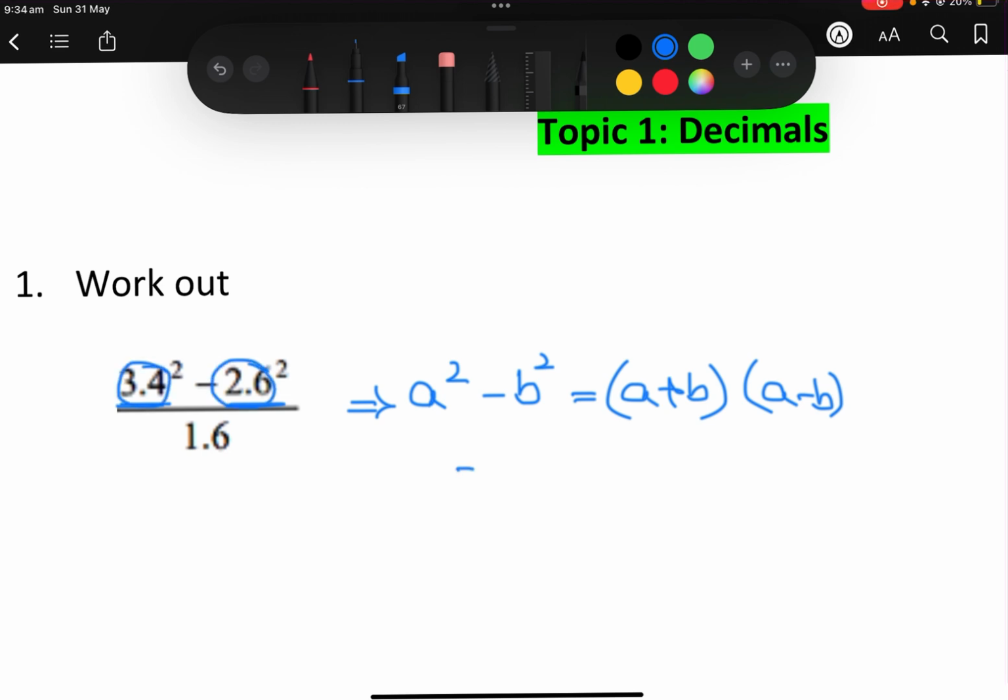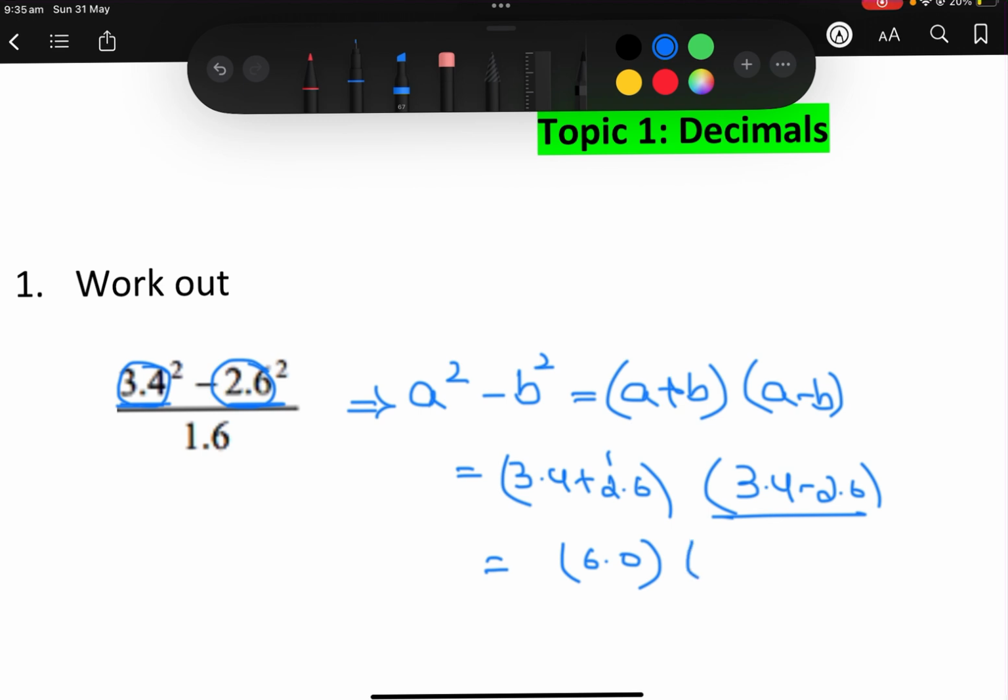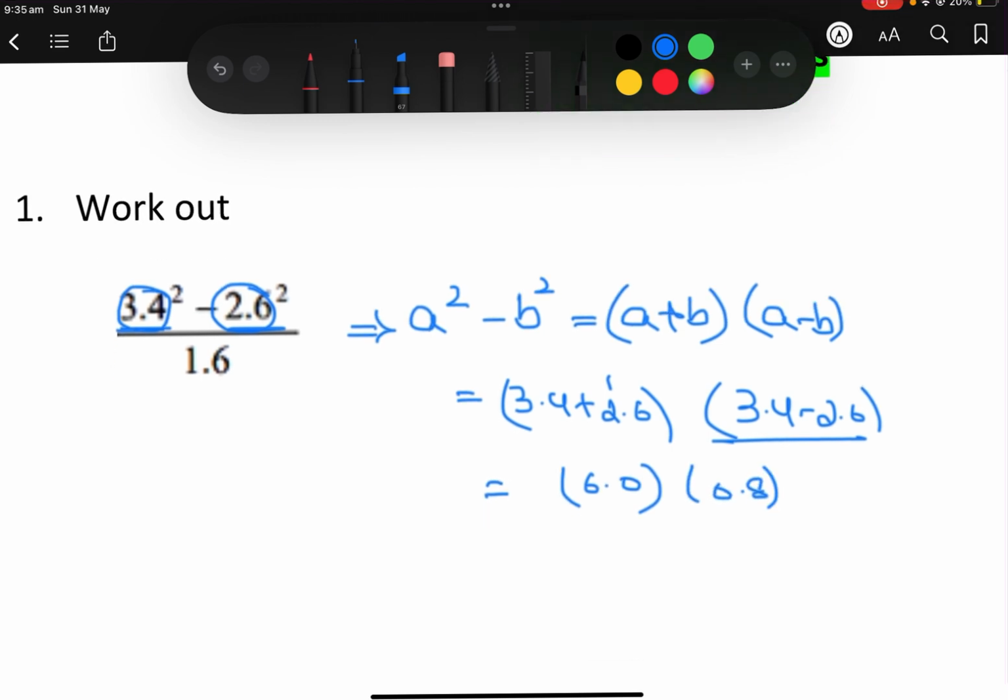So we are going to substitute in here 3.4 plus 2.6, and we will have 3.4 minus 2.6. This will turn out to be 6.0 over here, and this one turns out to be 0.8. Then once we have got this part, we are going to substitute it into the equation.